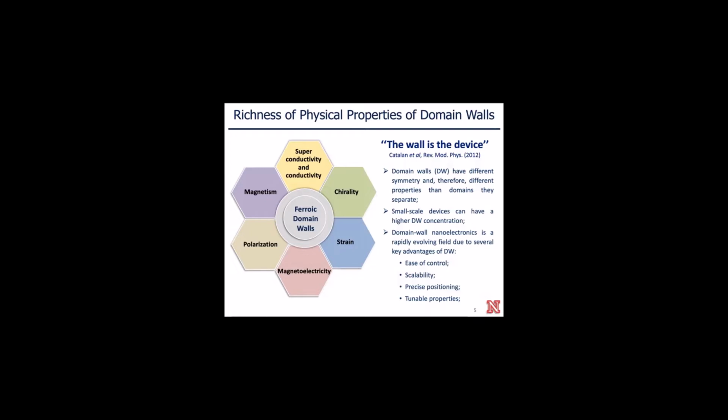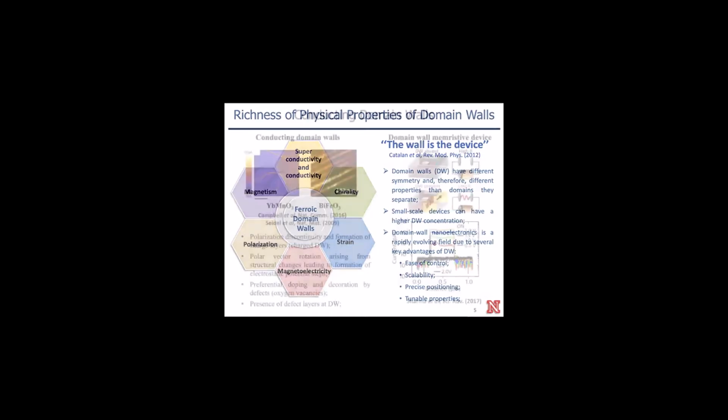And just to emphasize that they are dynamic entities that can be deployed and manipulated to change their position so that we can use them in order to develop circuits. The structure of these circuits could be changed within the existing device, and therefore it could be used in order to control and modulate the device functional properties. So this rapidly evolving field has been termed domain wall nanoelectronics.